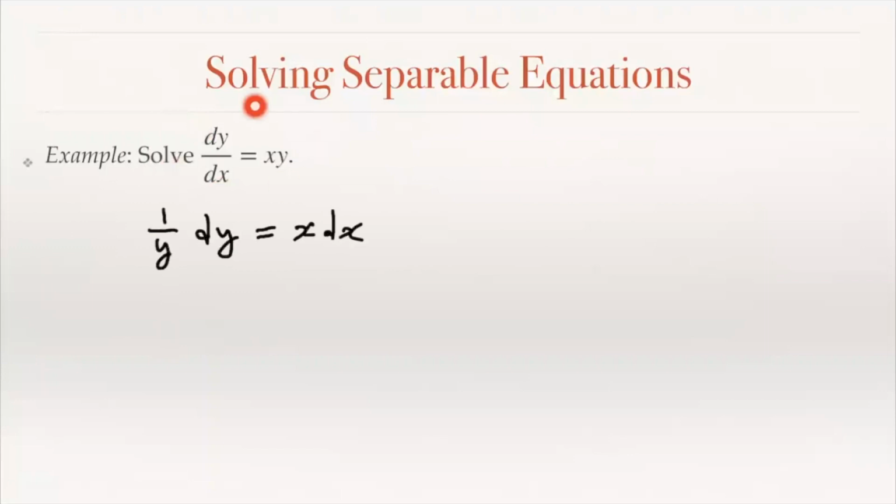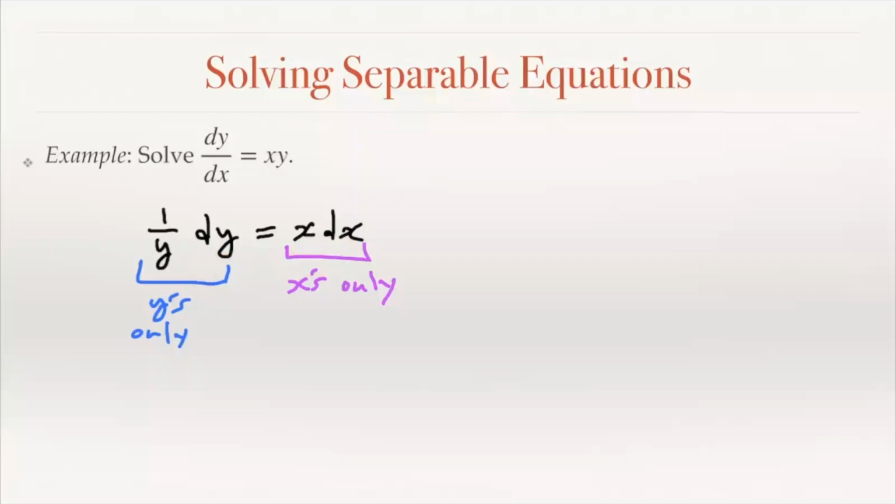So for this differential equation, all I did was multiply both sides by dx, and divide both sides by y. Dividing both sides by y made a 1 over y on that side. So now these are y's only, while these guys are x's only. Now this is a relationship, an equality between infinitesimals.